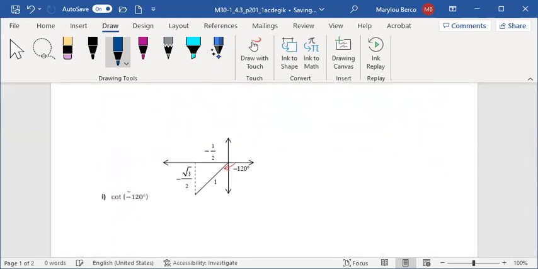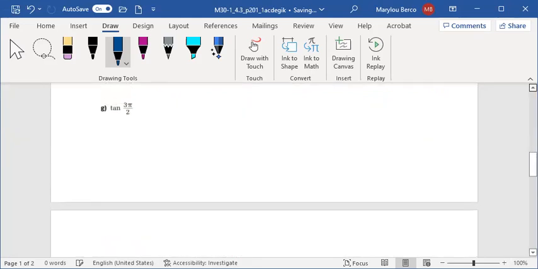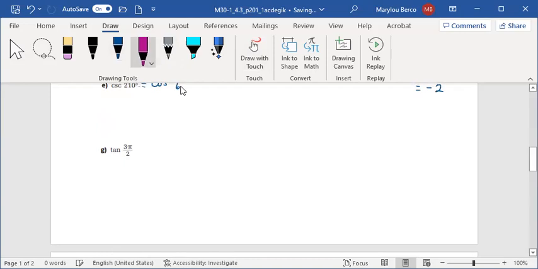Tan 3 pi over 2. I'm going to draw a really rough sketch. If we take a look in a unit circle, 3 pi over 2 occurs right here.